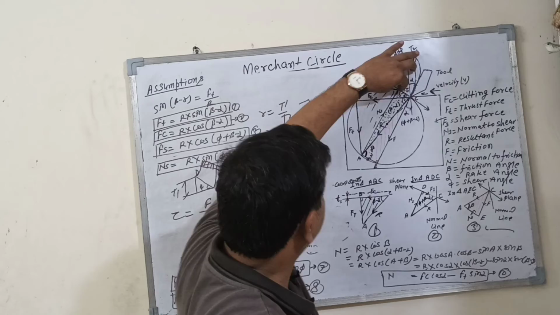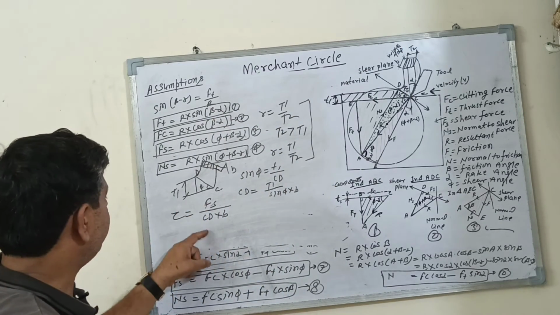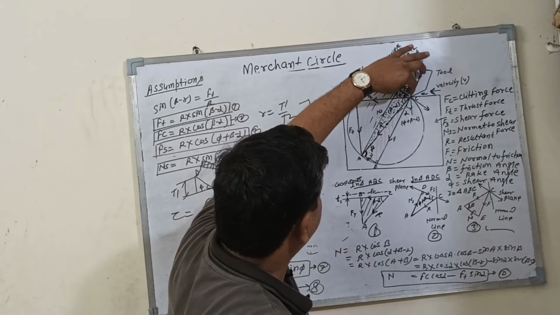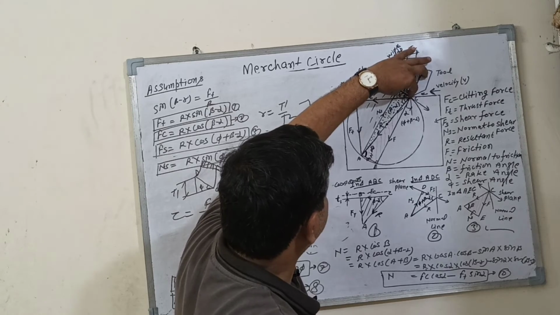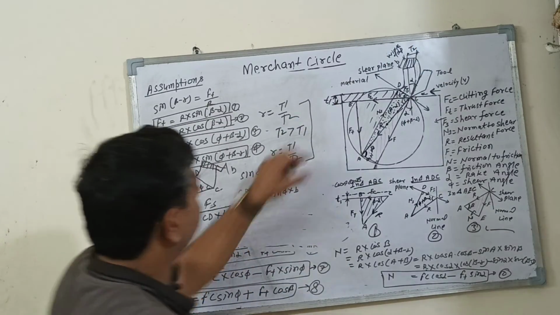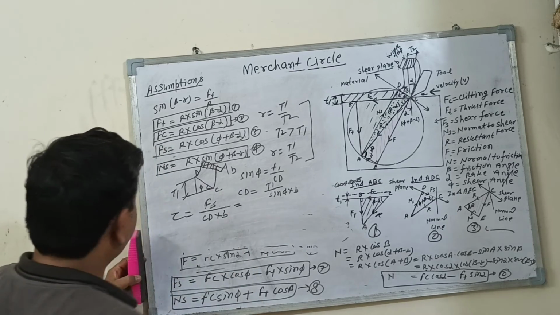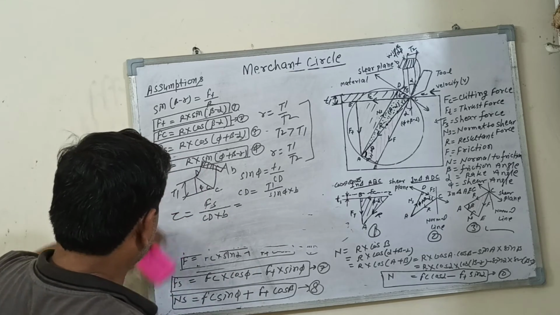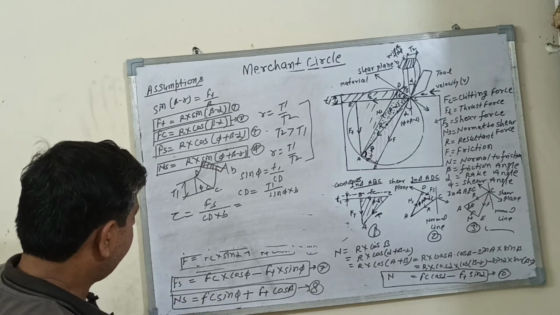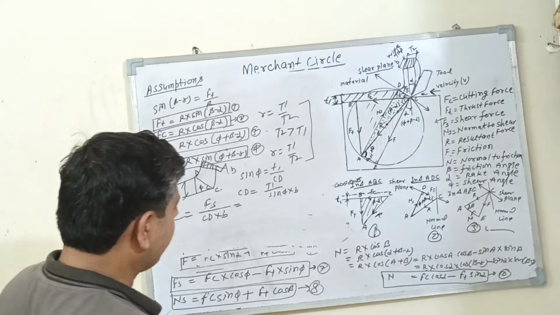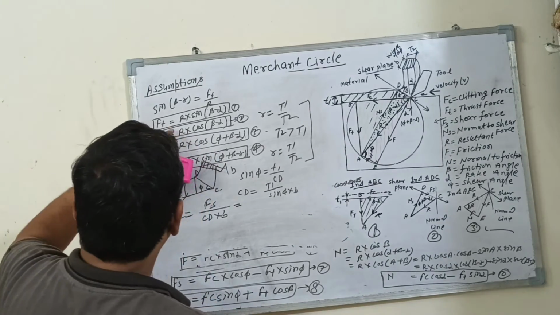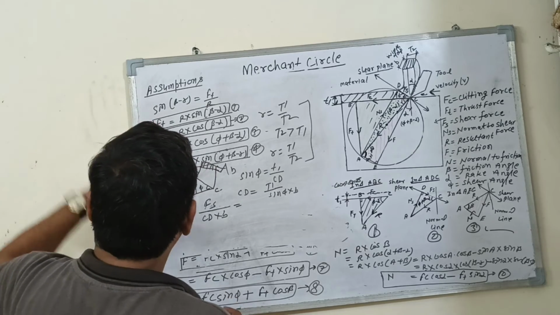The shearing force is divided by this area CD into B, where B is the width of the chip. So you can put the value of Fs here.